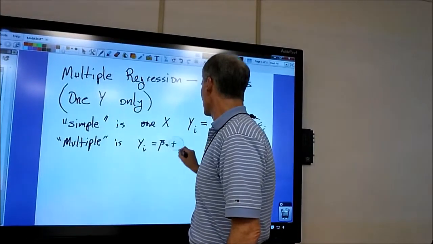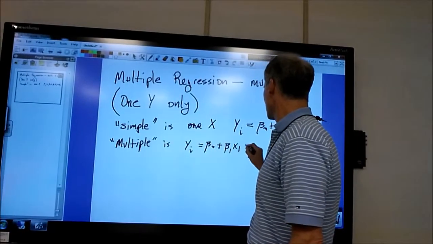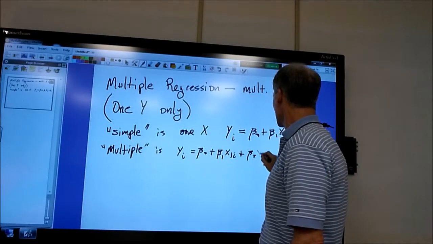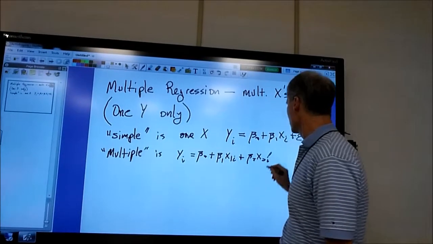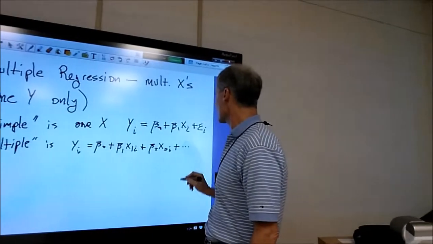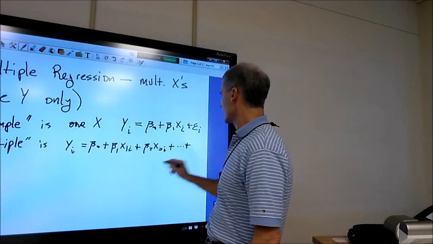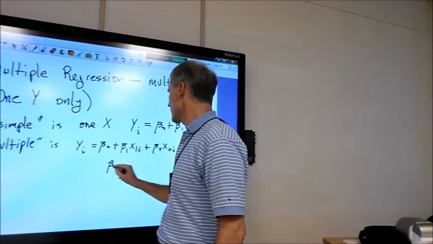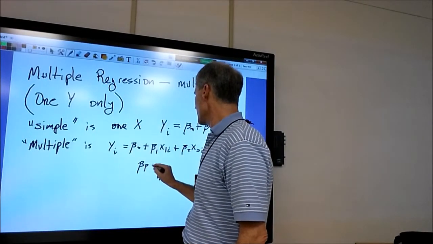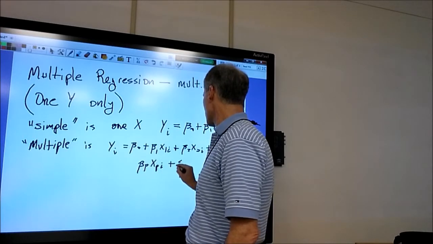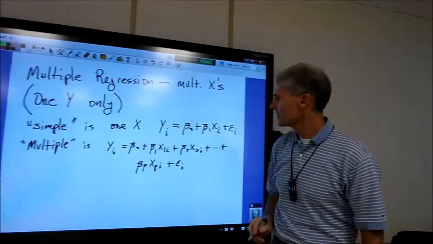Beta 0 plus beta 1 x_1i plus beta 2 x_2i plus ... and I'm running out of room here, so I'll come down here. Beta p x_pi plus epsilon_i.